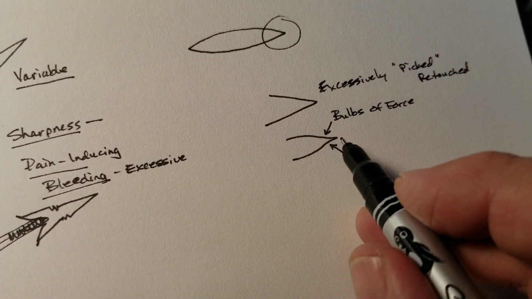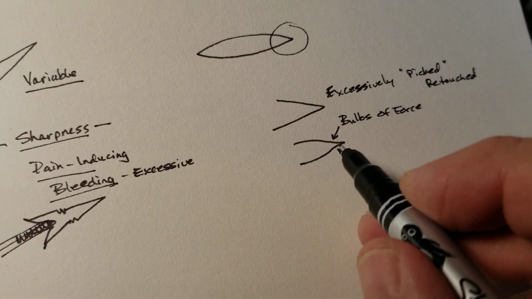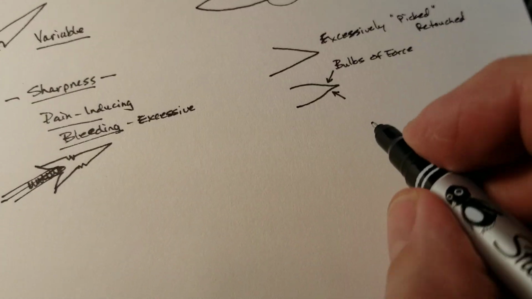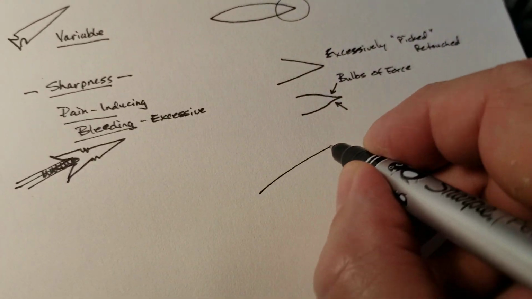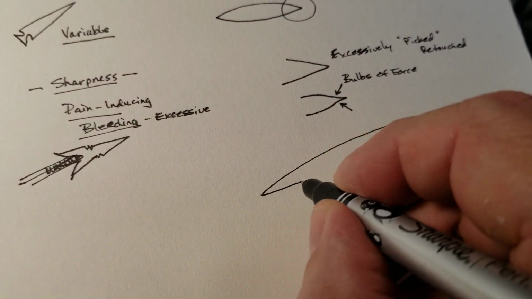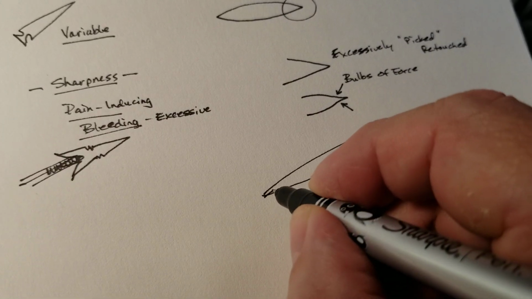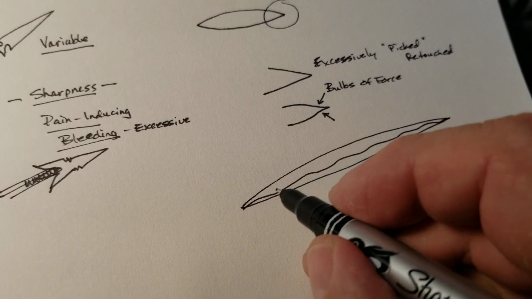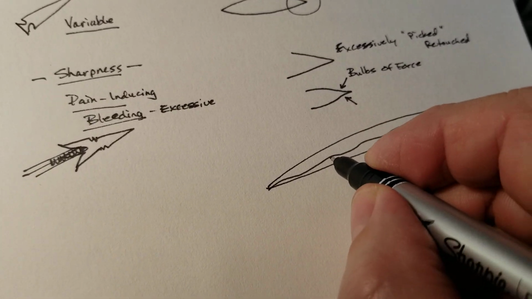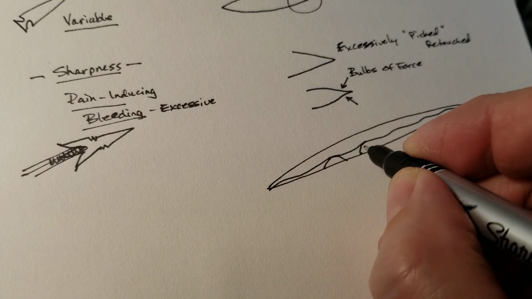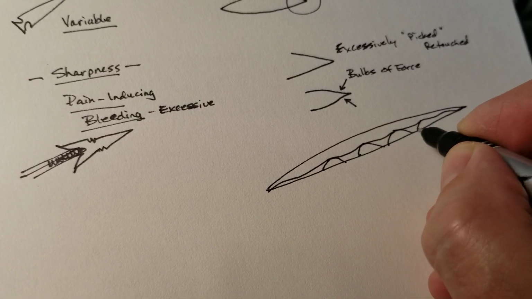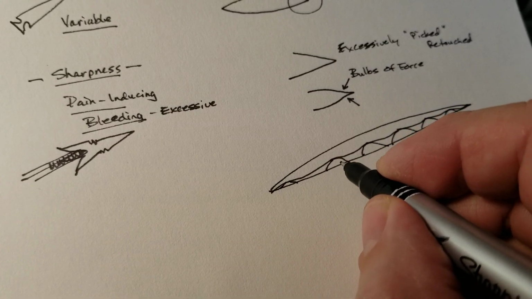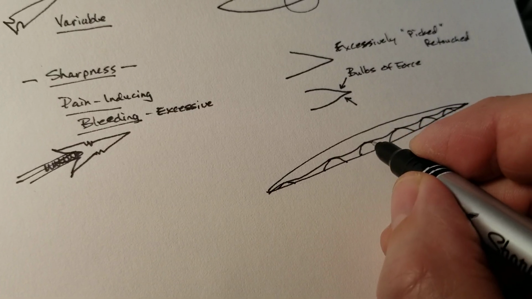Mostly you get this effect here, where the bulbs of force are utilized to create a thin area, and from the side of the projectile point, that edge is going to be wavy, like that, right? These are flakes that have been popped out. You pop one out and you have a little bit of a rise on the edge.